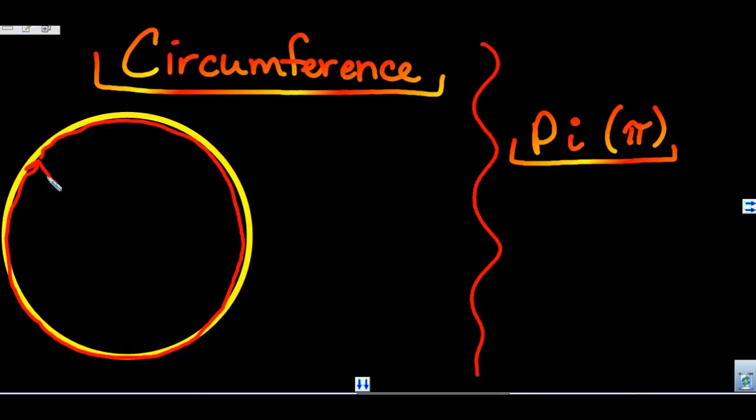I am talking about a ratio of the circumference to the diameter. And over the years, mathematicians have labeled this as pi. We use the Greek letter pi to represent it.